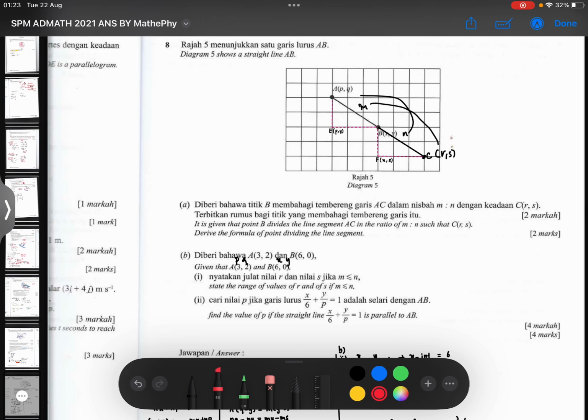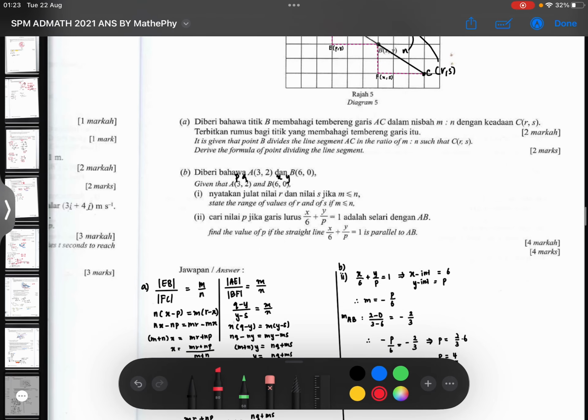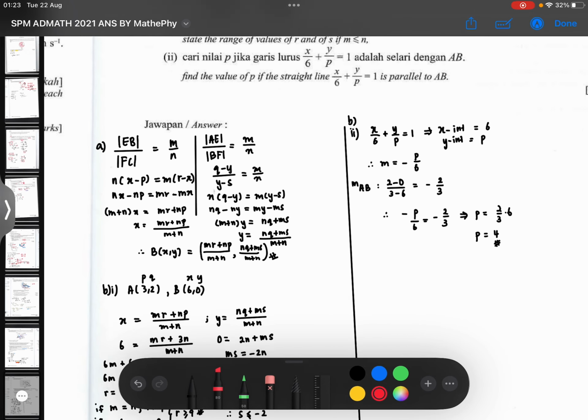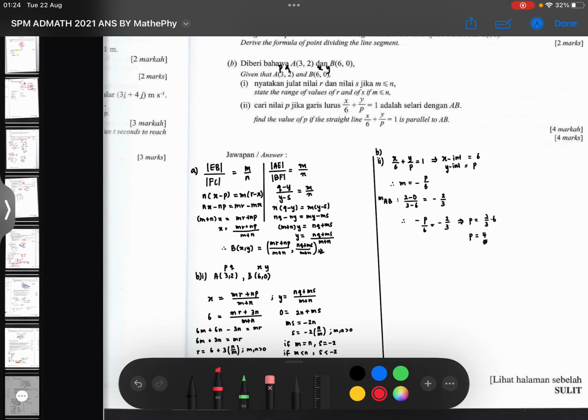Okay, so for question 8, this is a coordinate geometry question. We need to derive the line segment formula. This is actually the longer step I did.